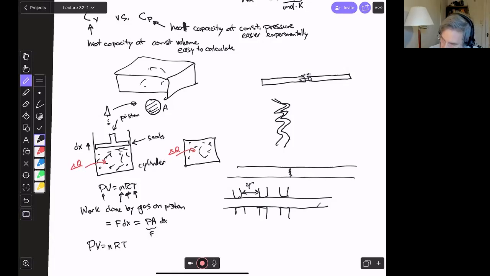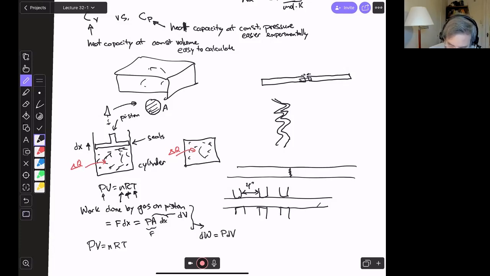Oh, wait a minute. I'm getting ahead of myself. Let me just, before I use PV equals nRT, let me recognize that A times dx, that's the change in the volume underneath the piston. So we could write that as dV. So putting that all together, the work done by the gas on the piston, it's an infinitesimal amount of work, so we'll call it dW, is going to be equal to P times dV.